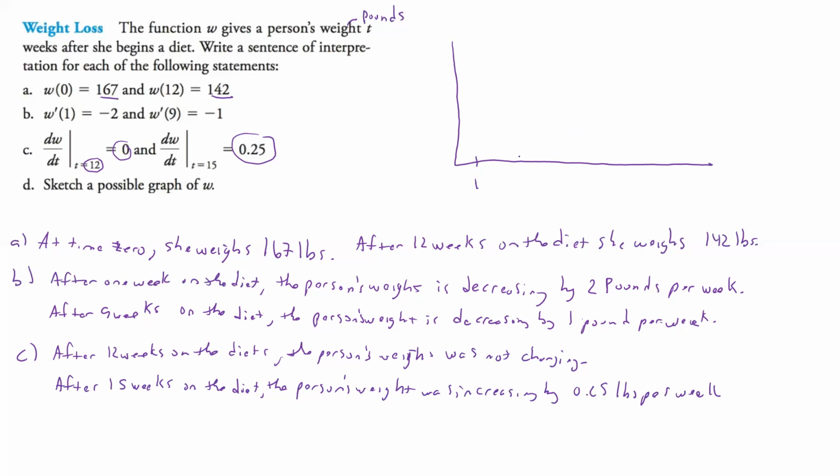We know at 1 week, 9 weeks, 12 weeks, and 15 weeks, so we'll assume those are all about there. Here we're at 167, and at 12 weeks we're at 142. So how are we going to draw it?